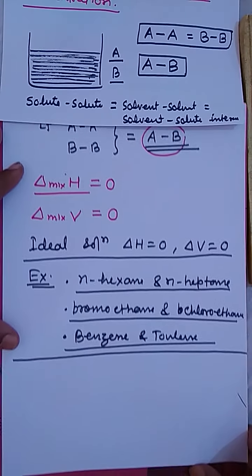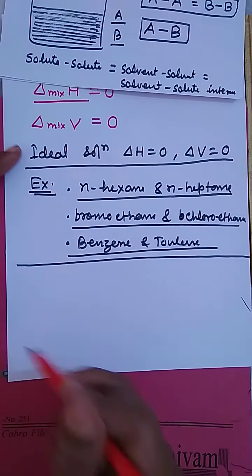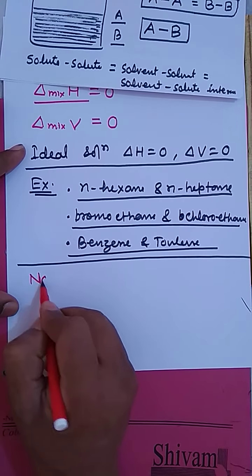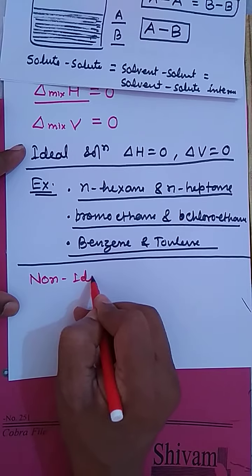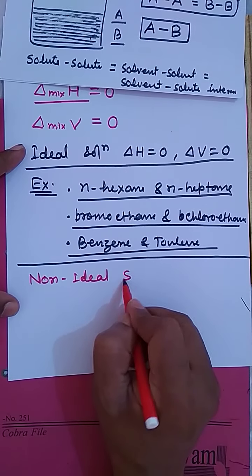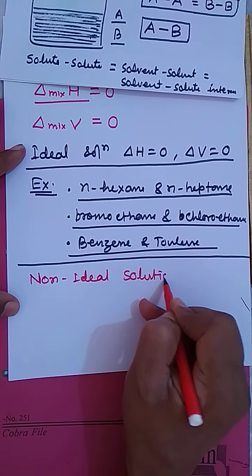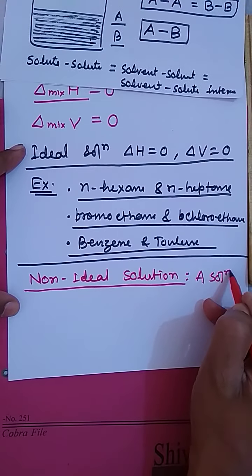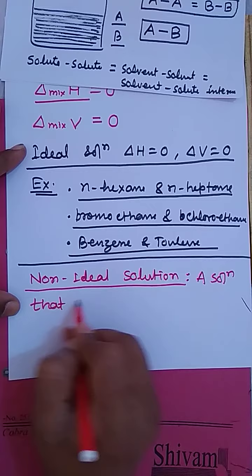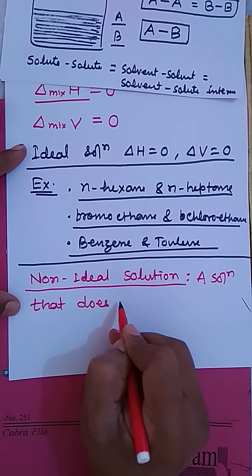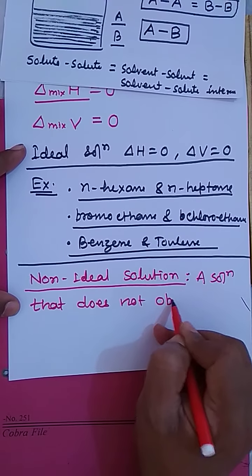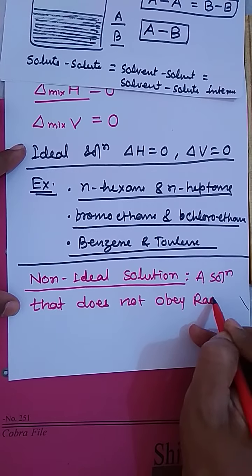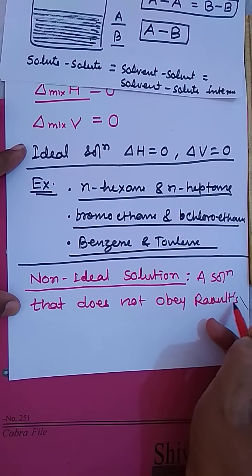Now second is non-ideal solution. So definitely a solution that does not obey Raoult's law.